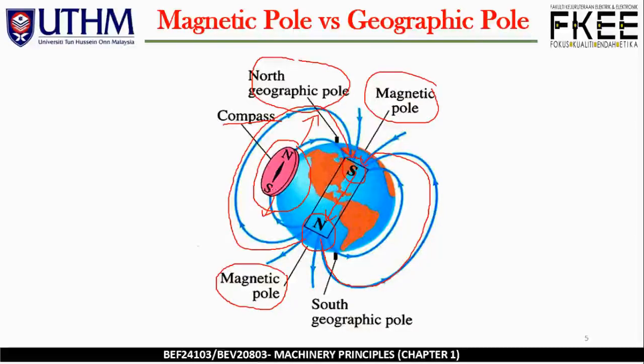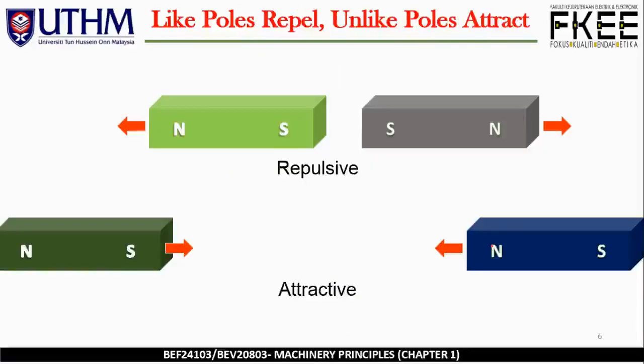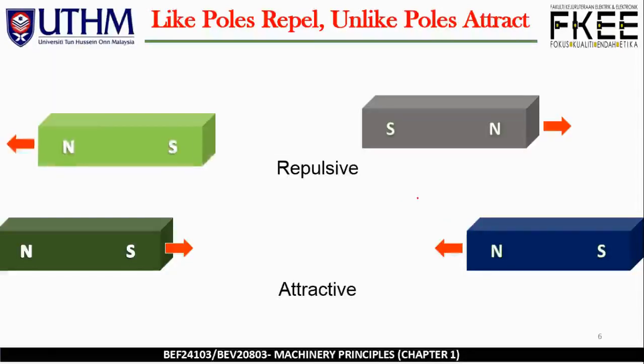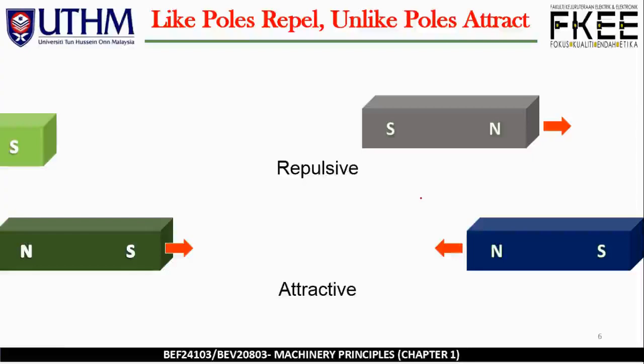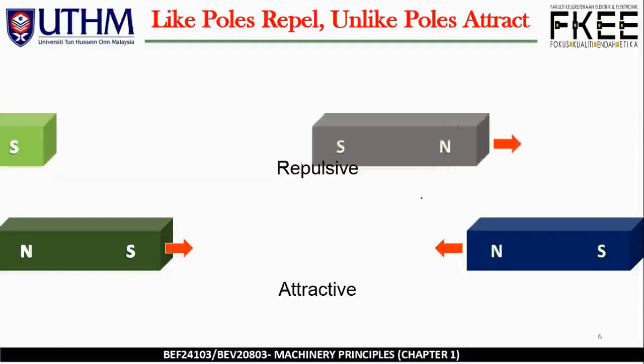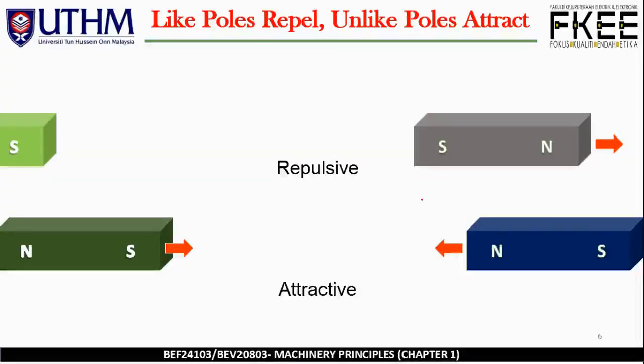Now here, similarly, we have south to north. Then this is how the magnetic bar reacts to its poles. We have a similar pole over here, let's say S to S. How do they react?